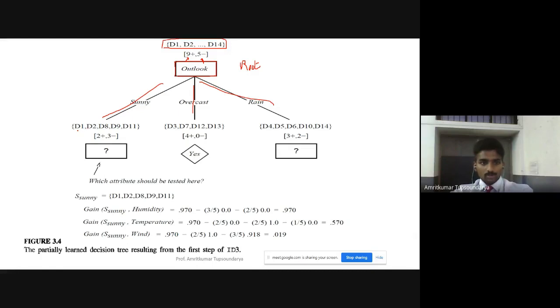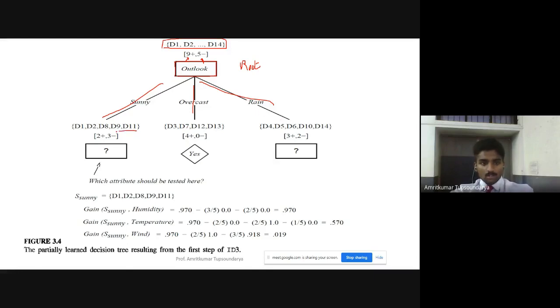These values D1, D2, D8, D9, and D11 are the training examples with the attribute value of outlook as sunny, D3, D7, D12, and D13 are with overcast, and D4, D5, D6, D10, and D14 are remaining, that is, the attribute value for outlook is rain.